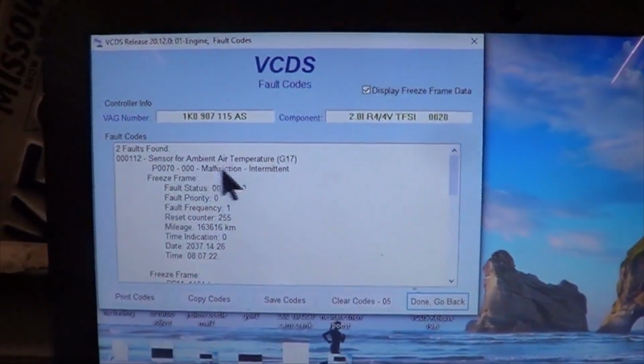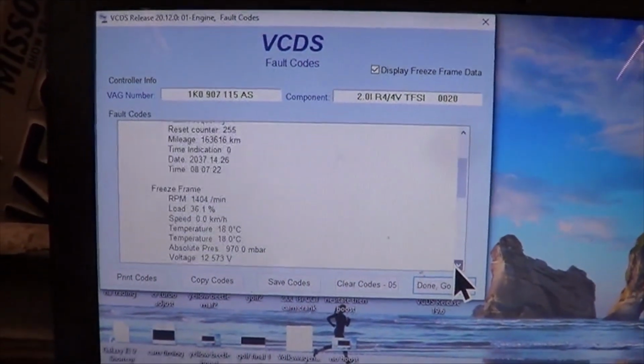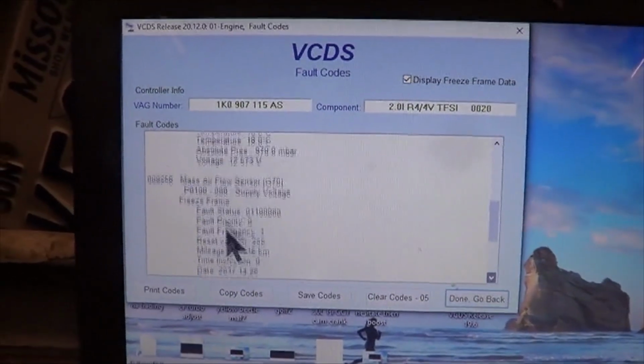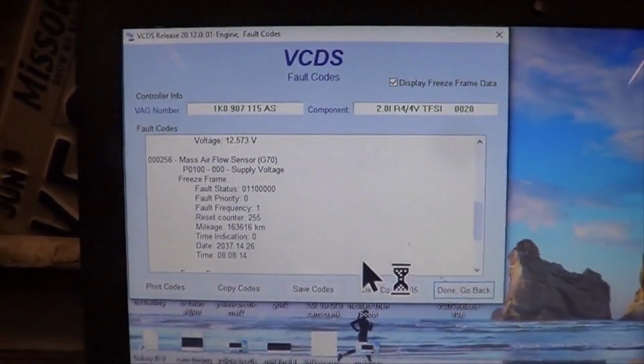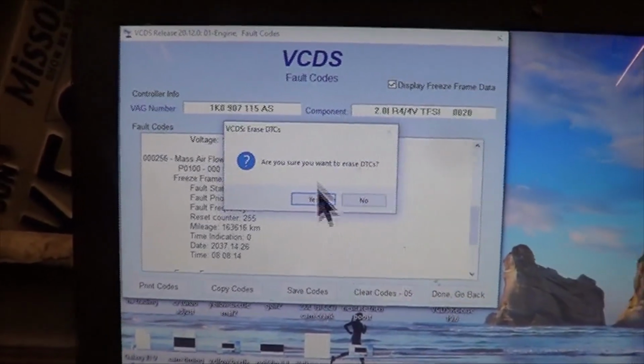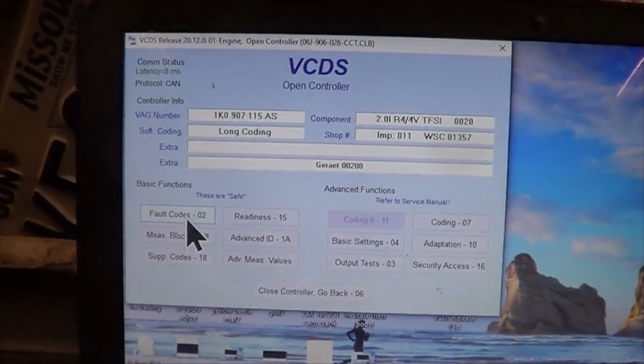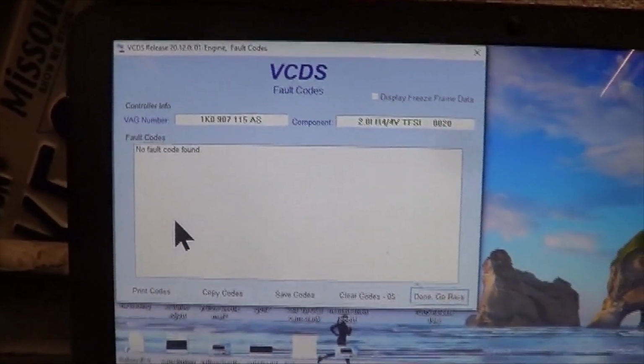And we have our ambient air temperature sensor trouble code, and I assume mass airflow sensor trouble code. We only had that unplugged because it's easier to drive the car in and out of the bay. So we'll clear that, see if anything reoccurs, and we'll start the car and see if it's fixed.